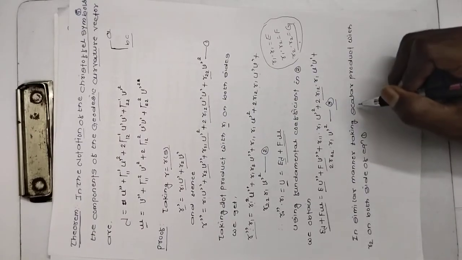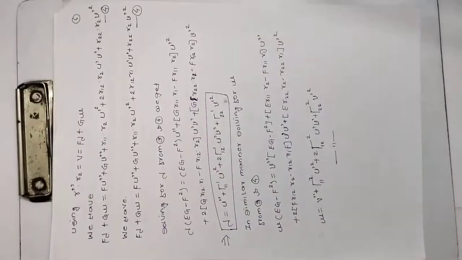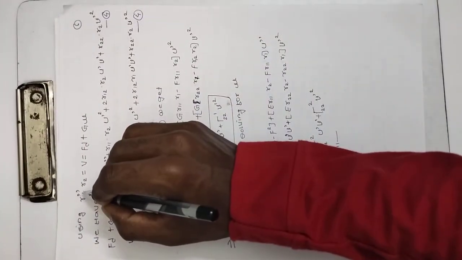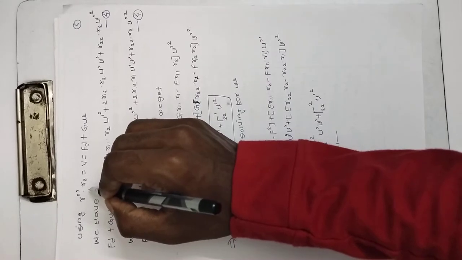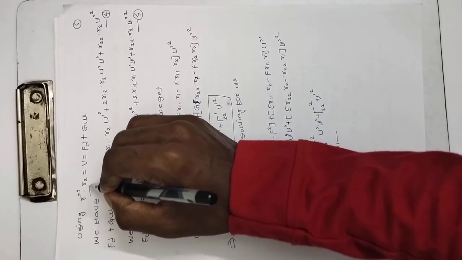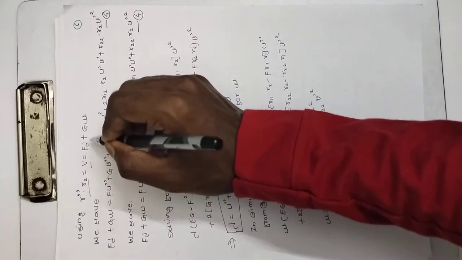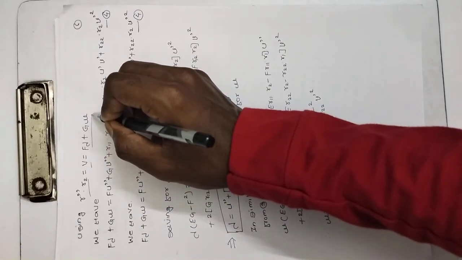In a similar manner, taking the scalar product of equation 1 with r2 on both sides, we can calculate similarly. Taking the dot product of r double dash with r2 gives F lambda plus G mu.